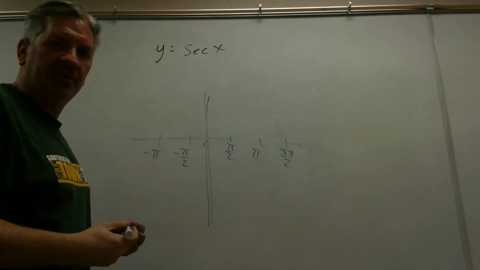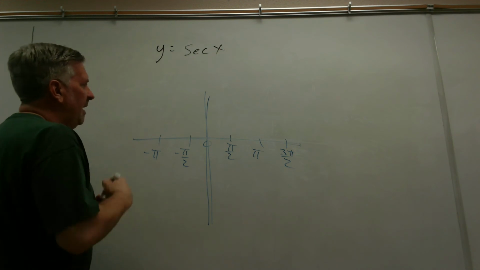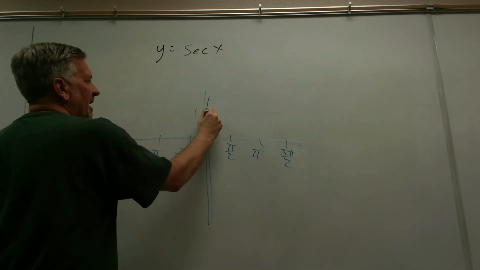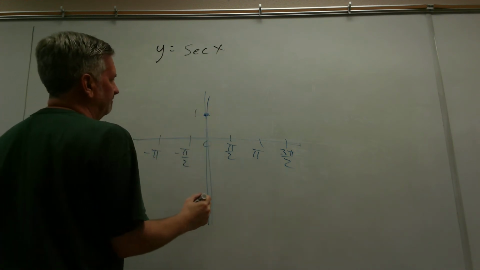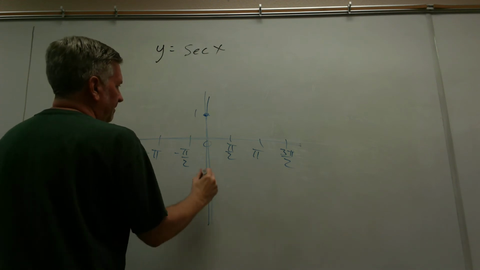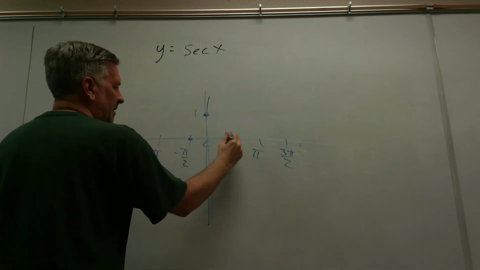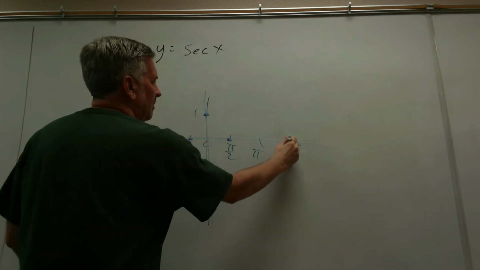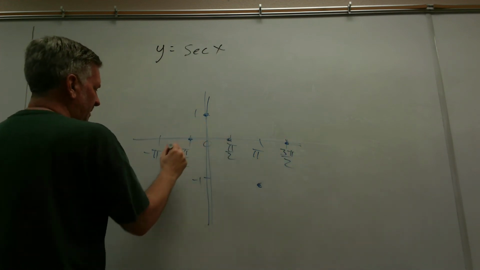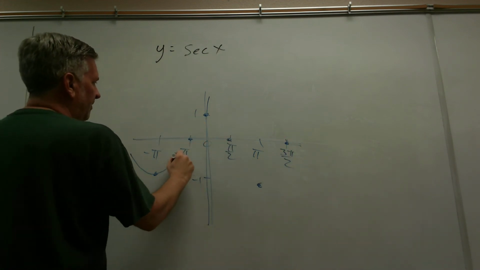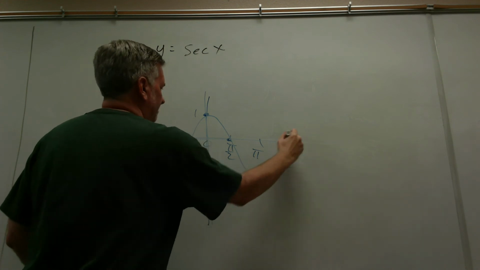I just randomly pick some numbers. And cosine crosses the y-axis at 0, 1. And we have a middle, a middle, a low, a middle, middle, low, middle, high, middle, low. So here's our very rough sketch of the cosine graph.